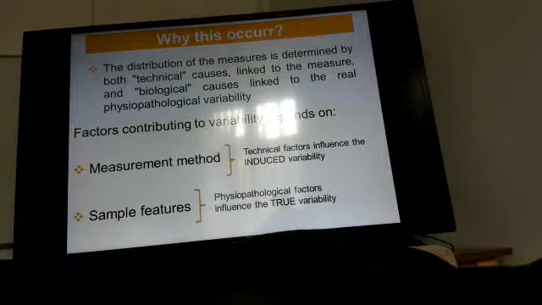Some features depend on the biology. For example, a child may have specific concentrations of some analytes. Male and female can be different for some analytes. You know that the production of some hormones is not constant during the day, but during 24 hours we have a circadian rhythm, so some hormones have a peak in some hours and some others in other hours of the day.